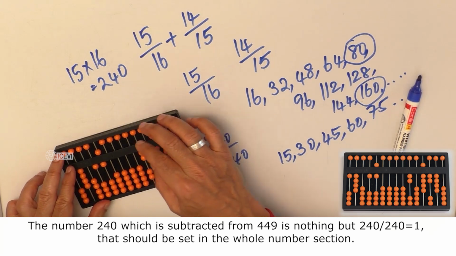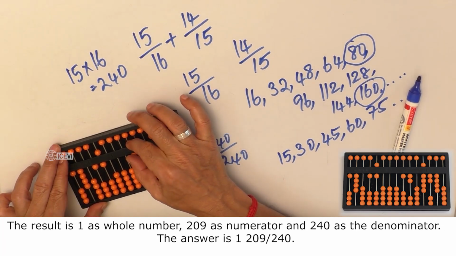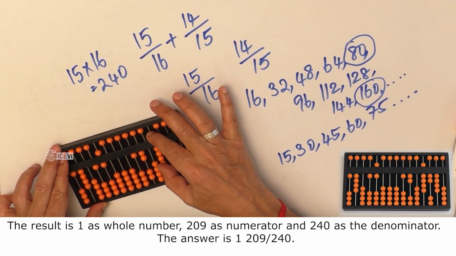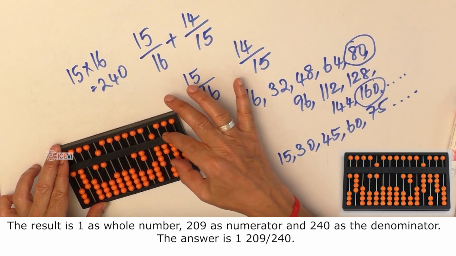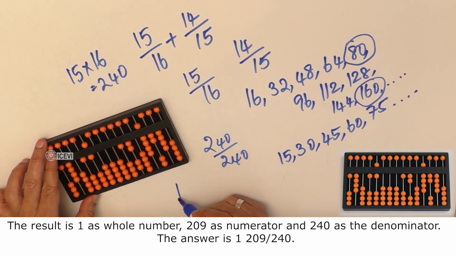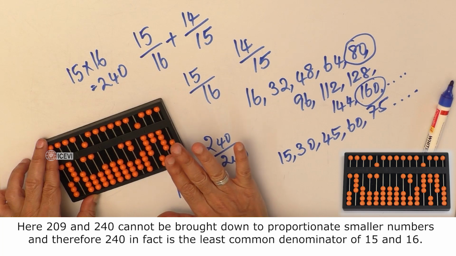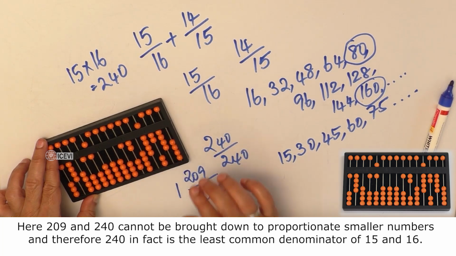That should be added in the whole number section. The result is 1 as the whole number, 209 as the numerator, and 240 as the denominator. That is, the answer is 1 and 209 by 240. Here, 209 and 240 cannot be brought down to proportionately smaller numbers, and therefore 240 in fact is the least common denominator of 15 and 16.